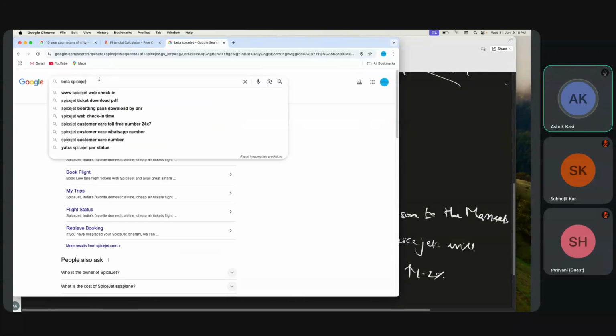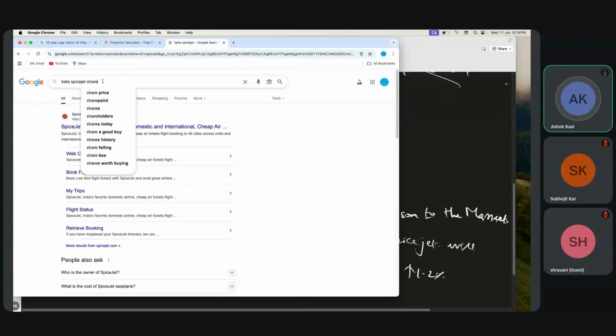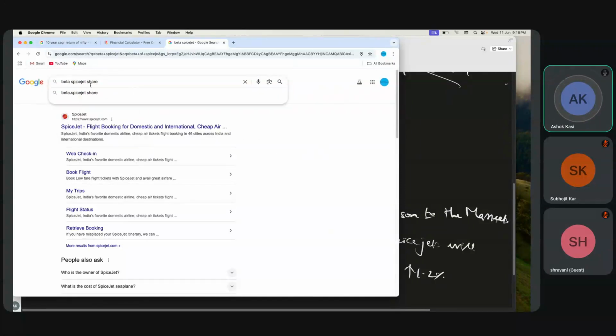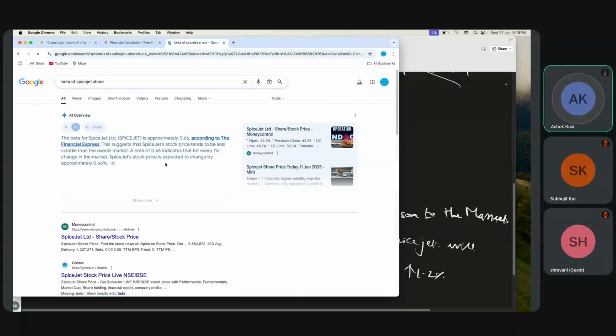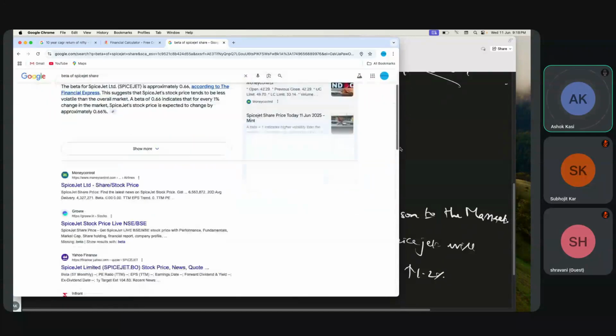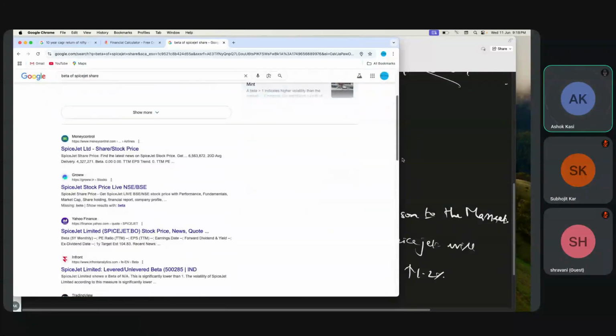SpiceJet share price. The beta for SpiceJet is showing as less risky.